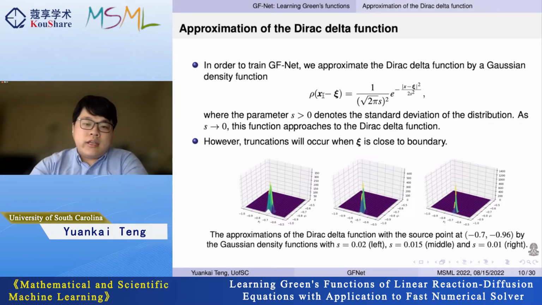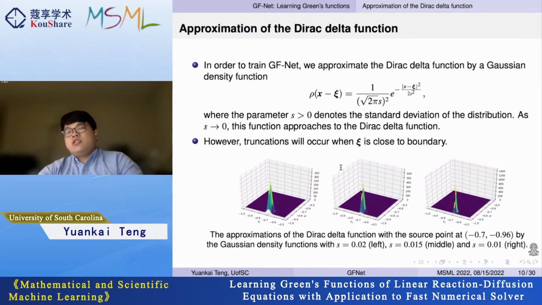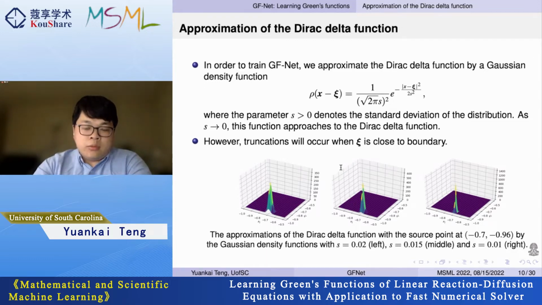Here, the 2D case is shown, where s denotes the standard deviation of the distribution. As s tends to 0, this function approaches the Dirac delta function. But by this kind of approximation, truncation will occur when ξ is close to the boundary. Here, we show an example of this approximation on a square domain.